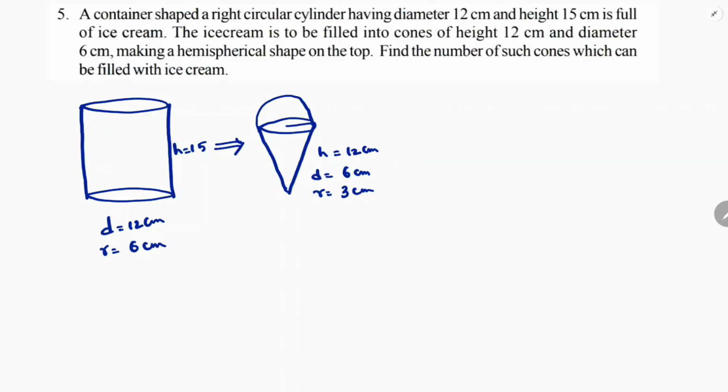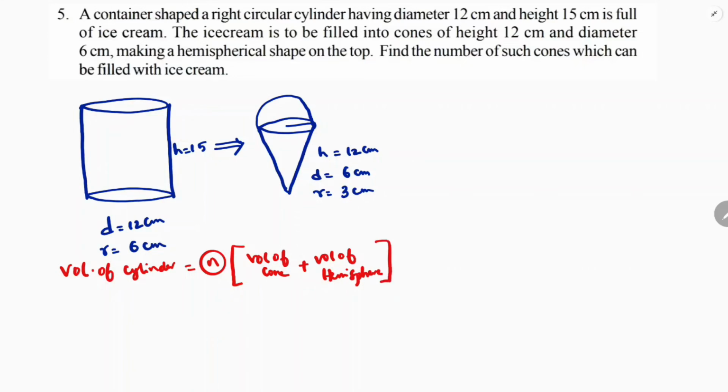Now here, volume of cylinder equals, they made how many ice creams. Whenever they ask how many, just write n. N into, here two things we have. One is cone, volume of cone plus volume of hemisphere.